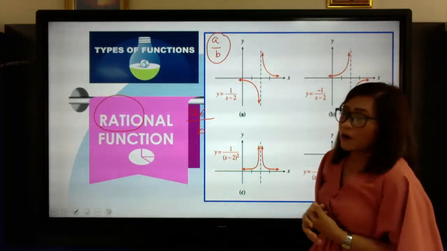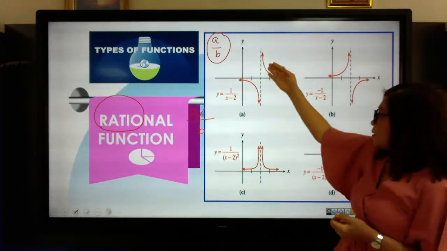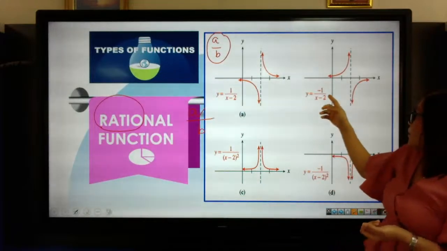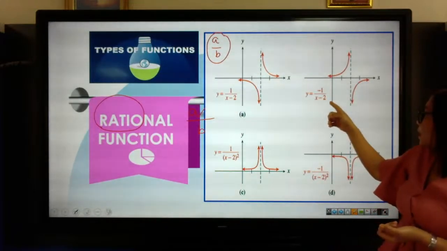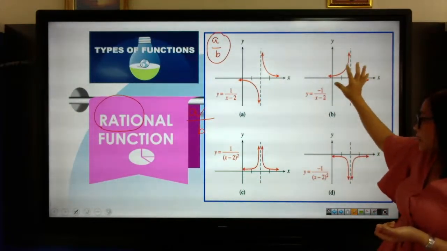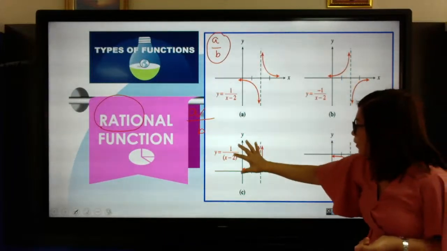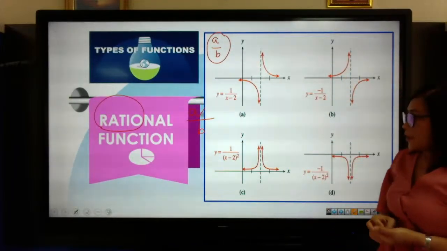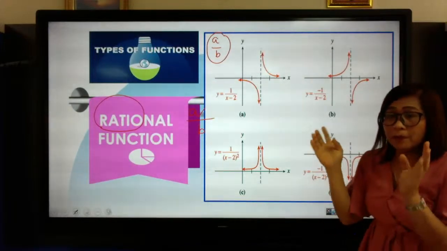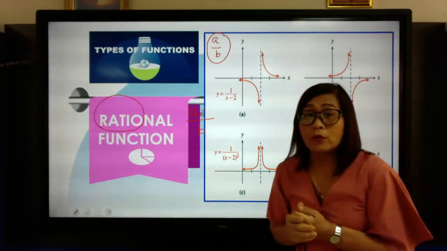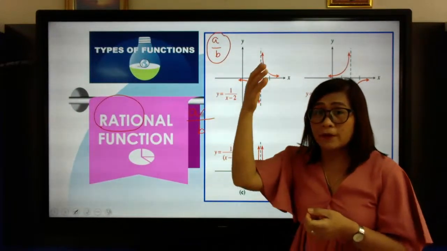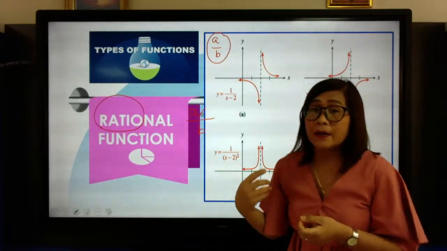This is a rational function. This is the graph. And we also have here negative 1 over x minus 2 equals 9. This is also a rational function. Just remember the root word is ratio, which means the form is A over B.